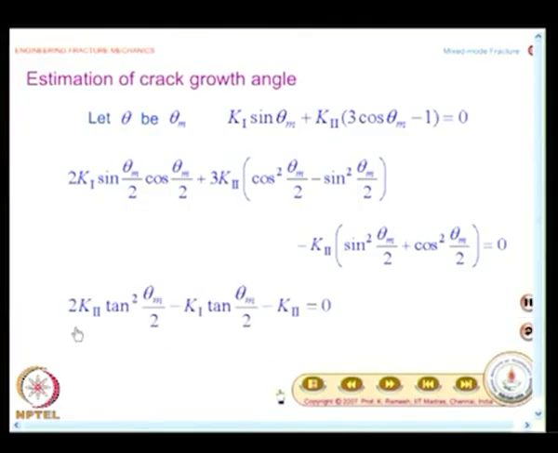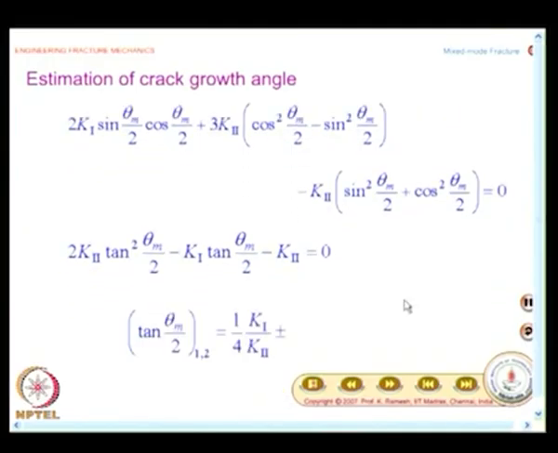Which could be simplified to 2 K2 tan square theta m by 2 minus K1 tan theta m by 2 minus K2 equal to 0. And this gives me an expression to get the value of theta m. I have tan theta m by 2 equal to 1 by 4 K1 by K2 plus or minus 1 by 4 square root of (K1 by K2) whole square plus 8.